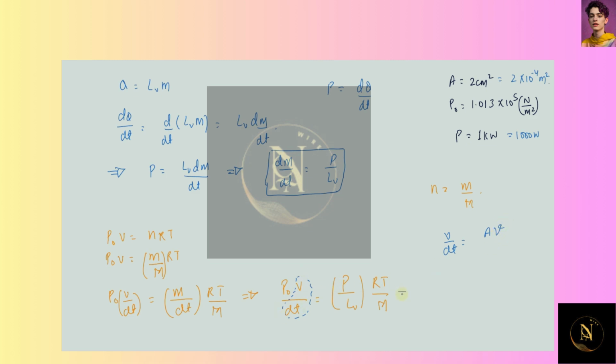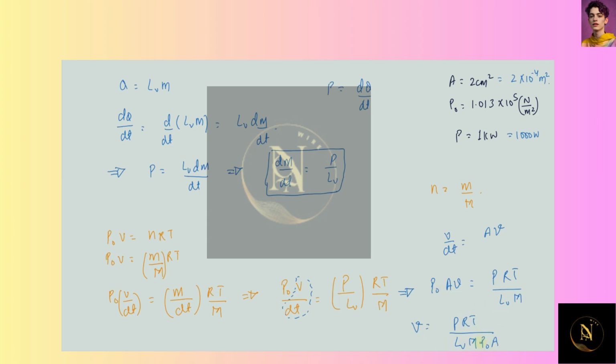So this equation becomes P_0 A v = PRT divided by L_V times M. From here velocity will be equal to PRT divided by L_V, M, and P_0 times area.